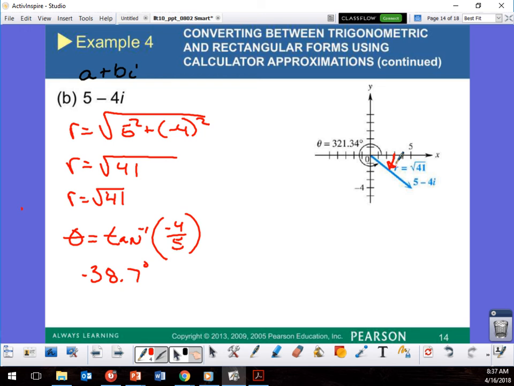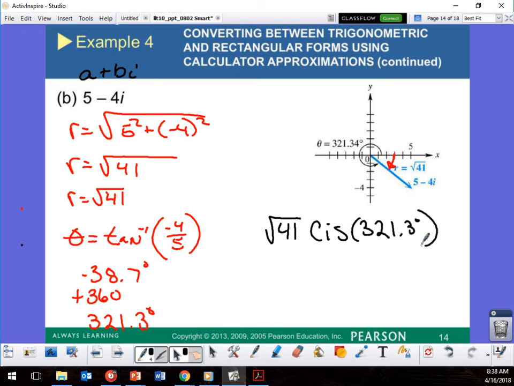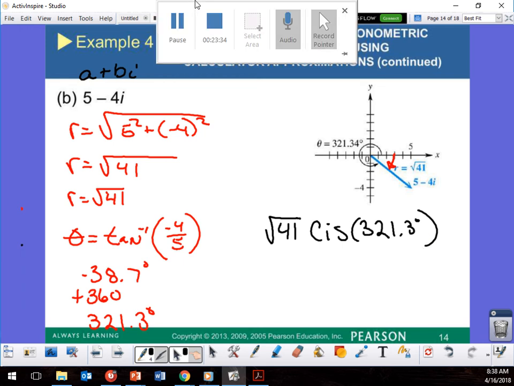Coterminal: add 360 to that one, and you get 321.3. Since I have my R and my theta, my answer is rad 41 CIS of 321. We are done. Hopefully that's easy. Go check it out.